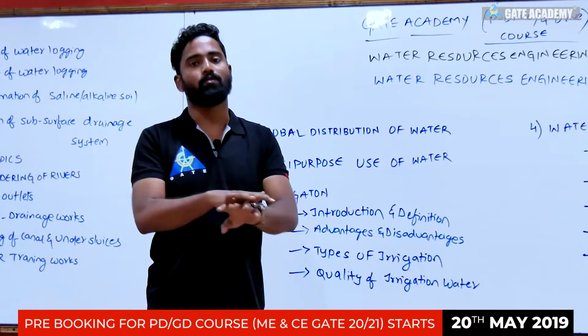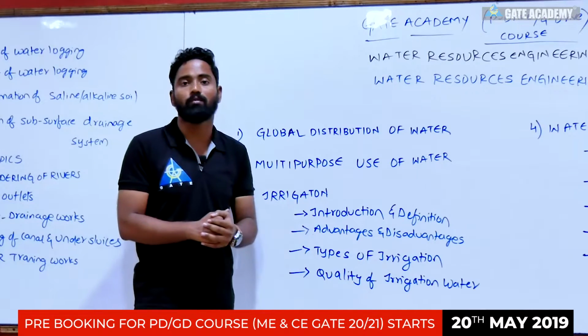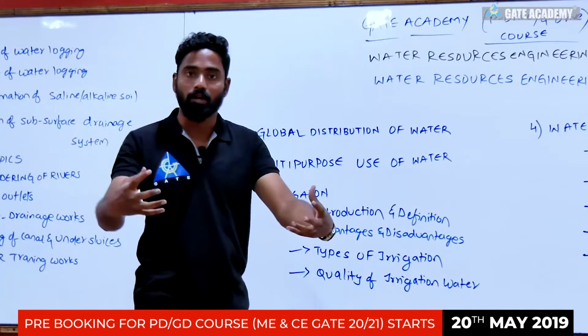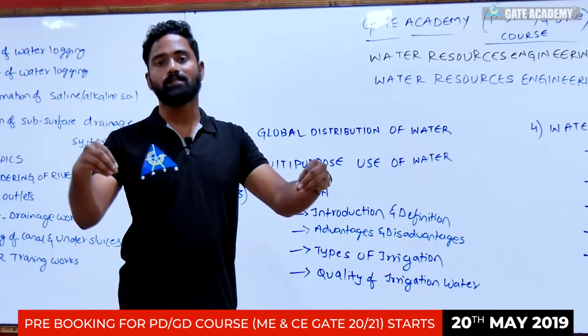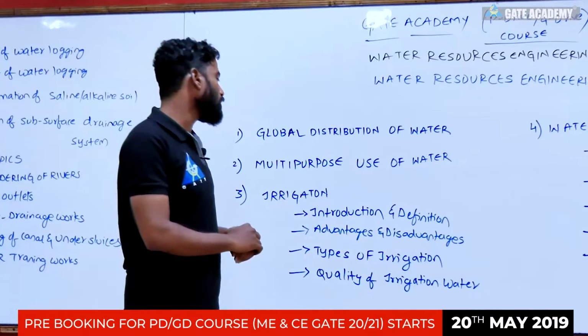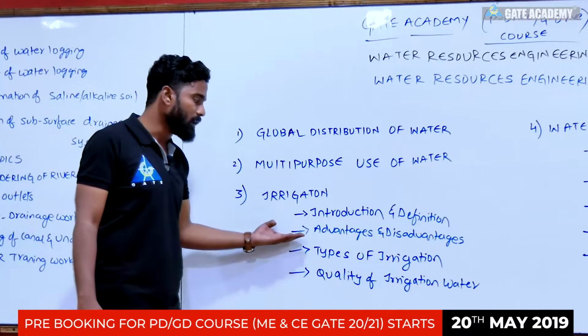Waterlogging. Because of waterlogging, there will be many effects on the growth of the crop, and because of more water there will be spread of diseases, because many flies and mosquitoes will breed in that water. So, different advantages and disadvantages will be discussed in this one.